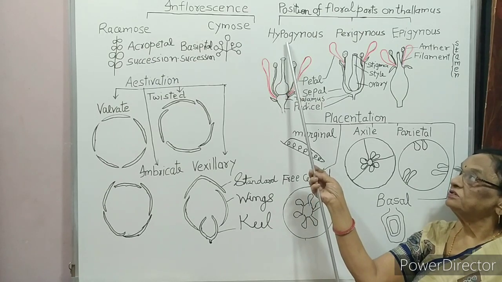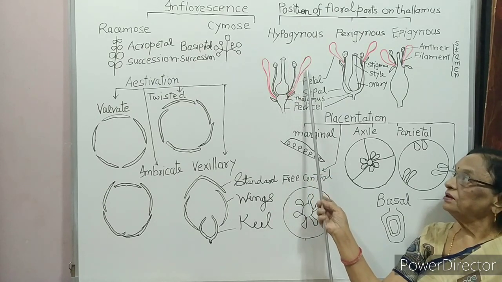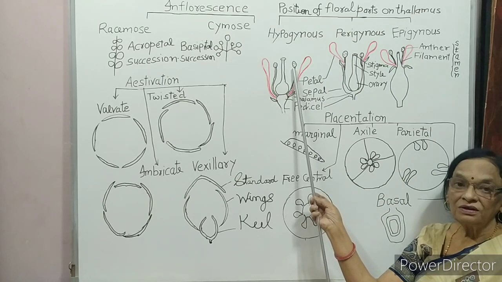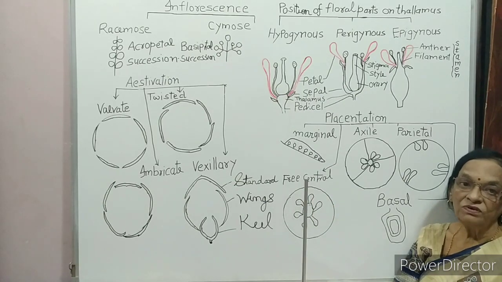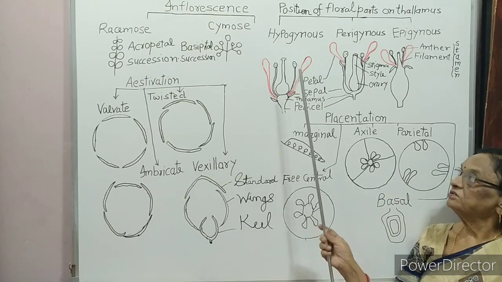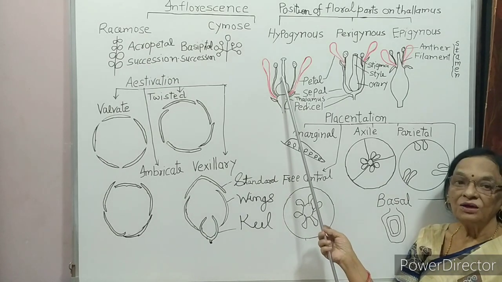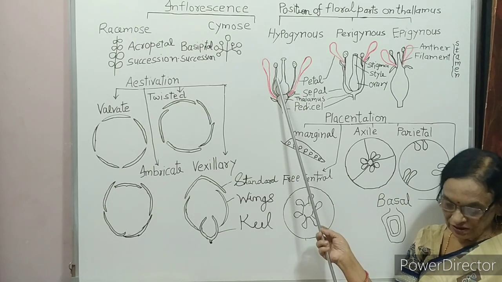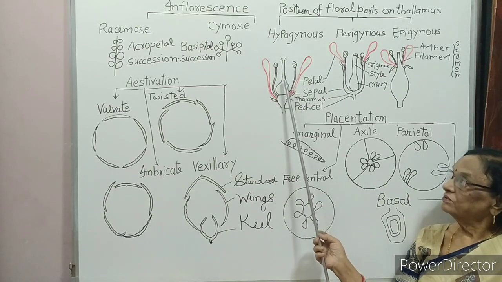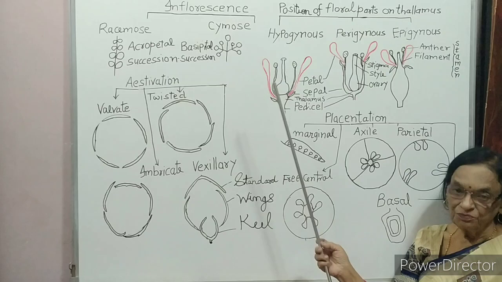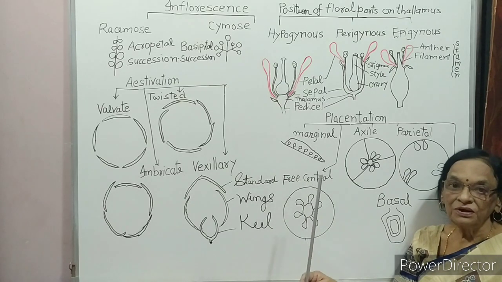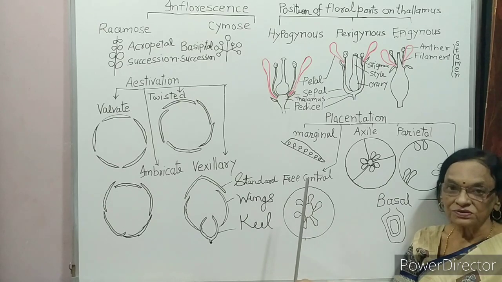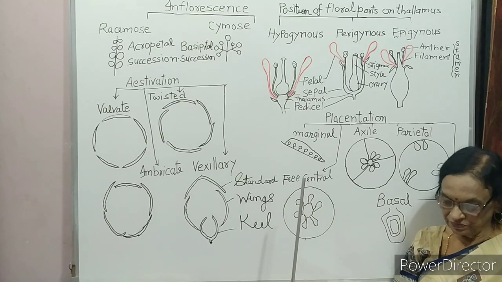So the ovary in this flower is superior. Examples are mustard, China rose and brinjal.